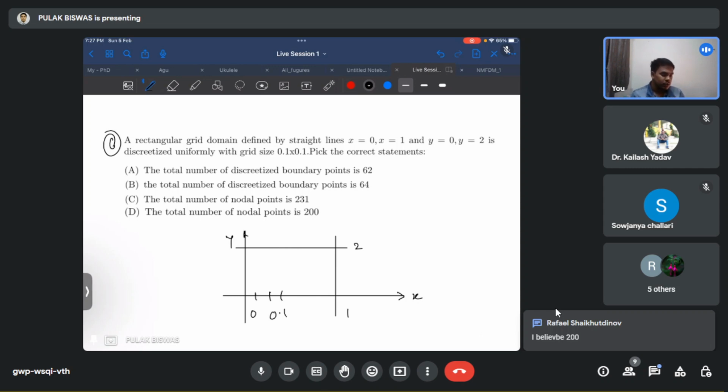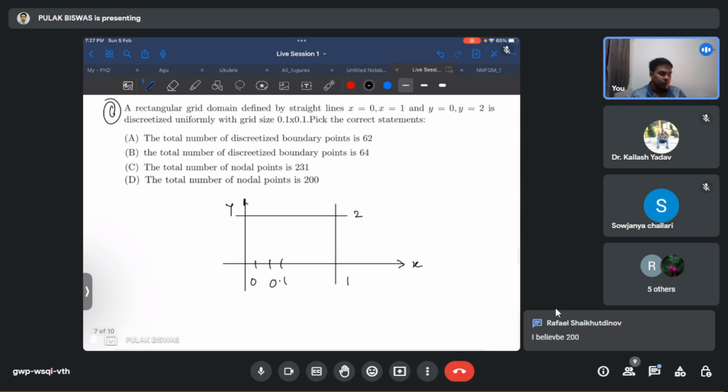So how much is coming on this side? How much on that side? 1 point will be extra higher.